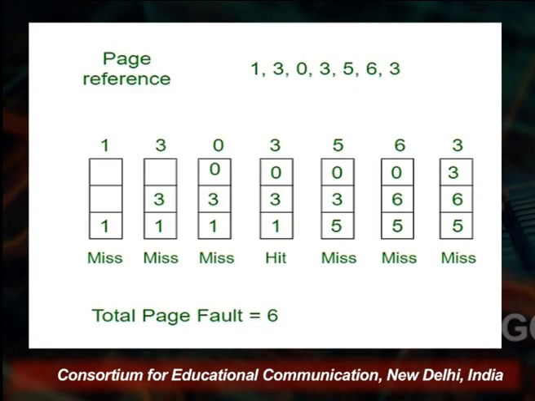This is one of the simplest algorithms to be implemented, but the disadvantage here is it is not going to give us the optimal results, because for a page reference string of length 7, if it is resulting in a page fault of 6, it is obviously not a good optimal performance. So that's the problem with this, but the strategy is the simplest one to implement.